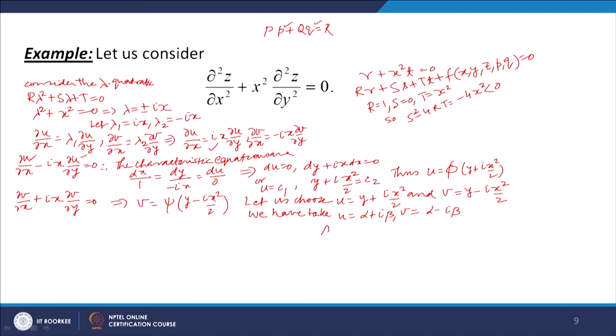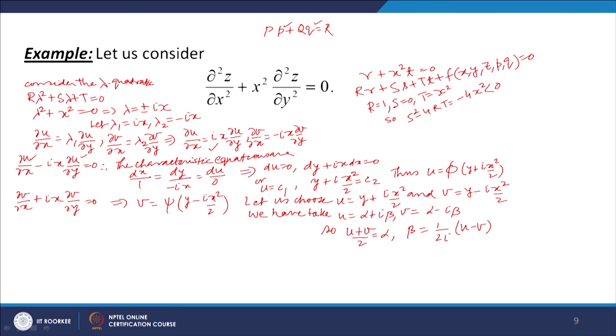Okay. So, alpha is equal to u plus v by 2, and 2 i beta is equal to u minus v. So, beta is equal to 1 by 2i into u minus v.